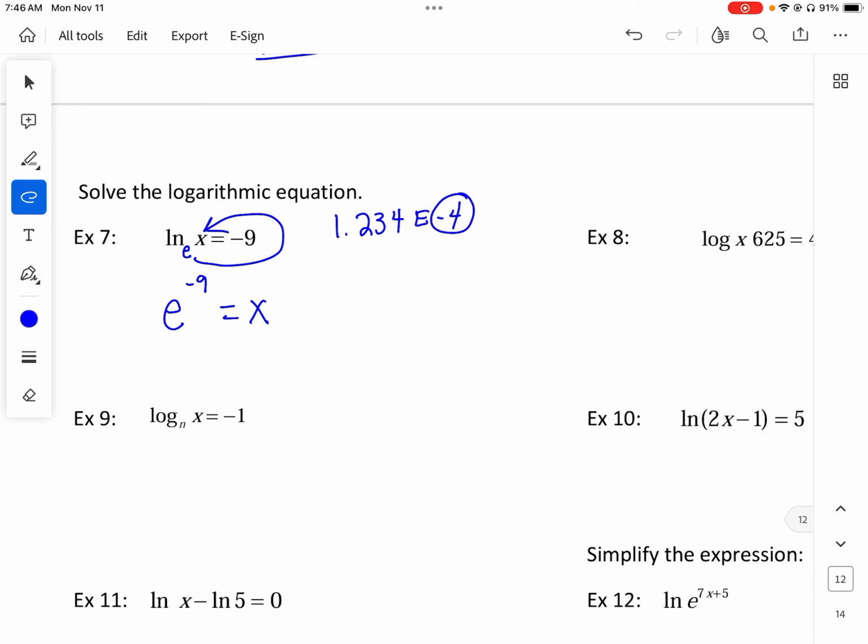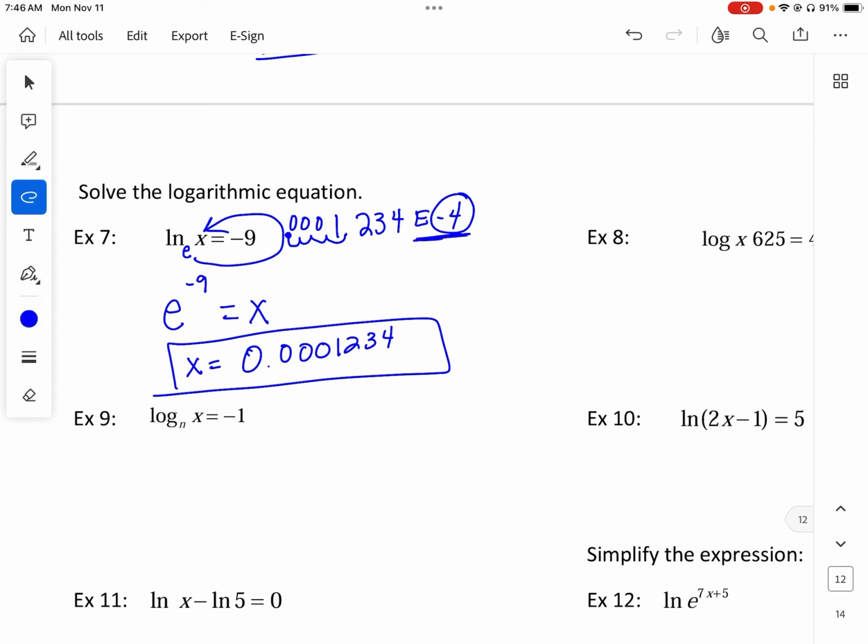I need to move my decimal 1, 2, 3, 4 places and fill in the zeros. So this really is 0.0001234. Just pay attention to if it has this, it means scientific notation, and you're going to move the decimal.